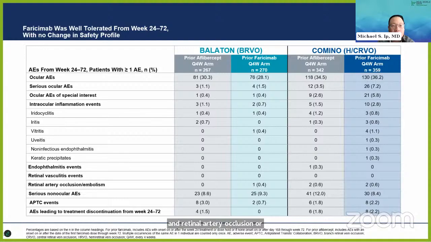Also, the intraocular inflammatory events are quite low and balanced between the aflibercept arms and the faricimab arm within Balaton and within Camino. Next slide.